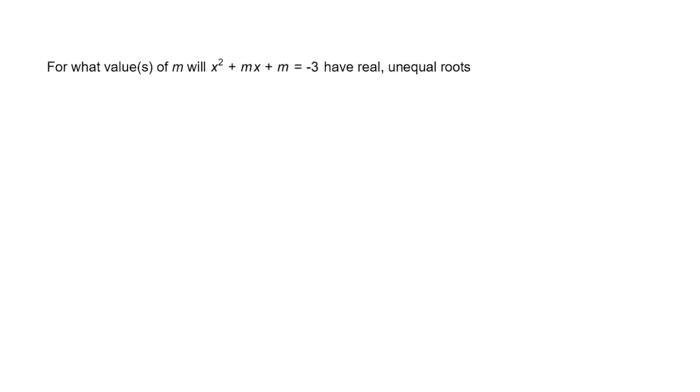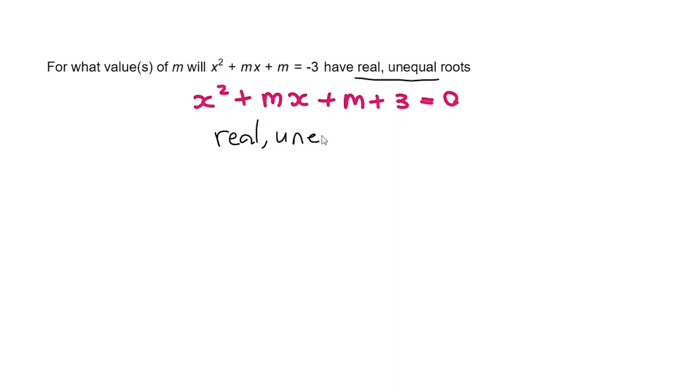Right, this one says, for what values of m will we have real unequal roots? Well, let's put it into standard form first. x squared plus mx plus m plus 3 equals 0. All right, and we will have real unequal roots when delta is greater than 0.